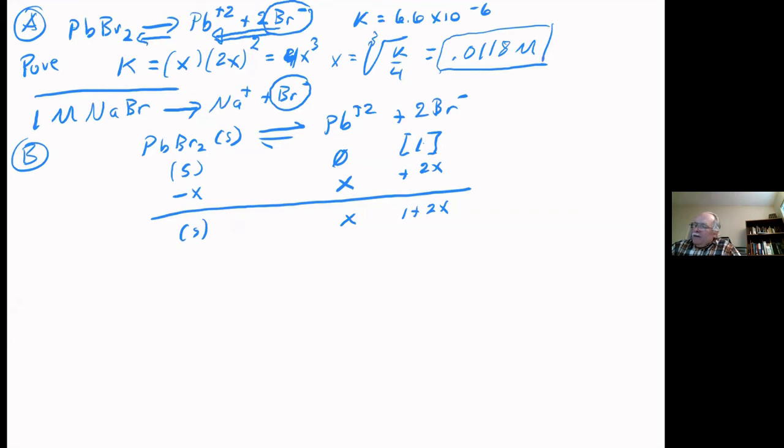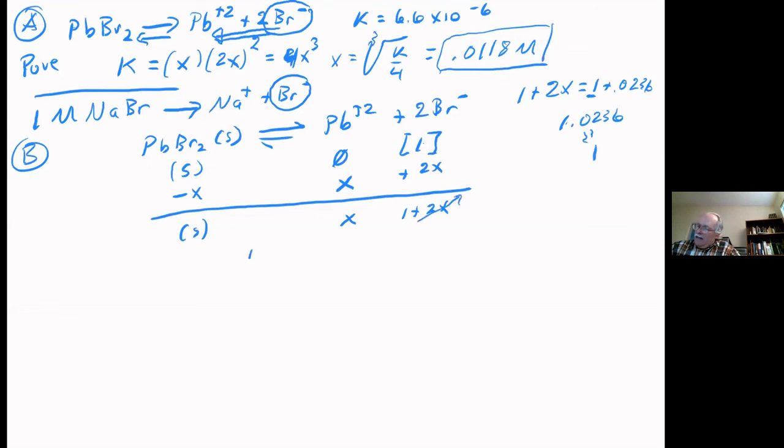But also, if I look at this, 1 plus 2 times X is equal to 1 plus 0.0236. And if this number is known to one significant digit, then the value of 1.0236 is 1. So I can ignore the X in my equilibrium expression.